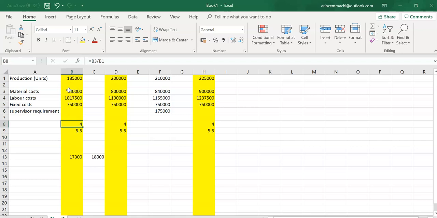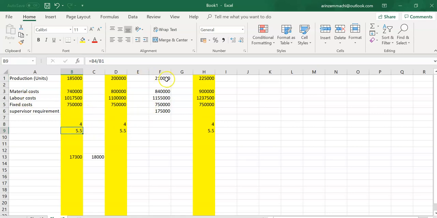You can see here that if you're spending 740,000 on these units, you're spending £4 per unit of material. And it worked out exactly the same here, 80,000 divided by 20,000. So I could tell straight away that the variable cost of material is 4, and I did exactly the same thing for labor by dividing the labor cost by the number of production units, and I had 5.5. So I could see straight away that's variable and that's fixed.